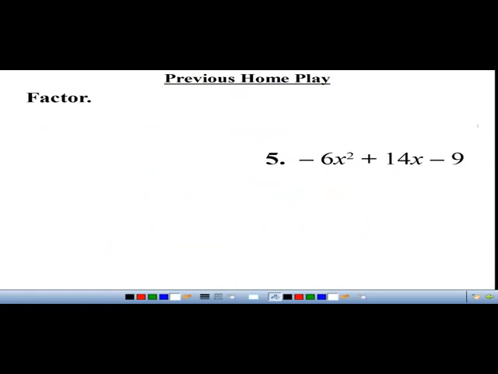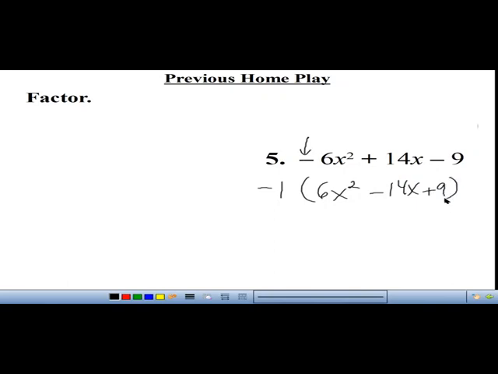Number 5. Is it in standard form? Yes. Number 2, GCF. Does it have a GCF other than 1? Yes. Since the first term has a negative, then my GCF is -1. That leaves us with 6x², -14x, and +9. Third step, factor. Product, sum.